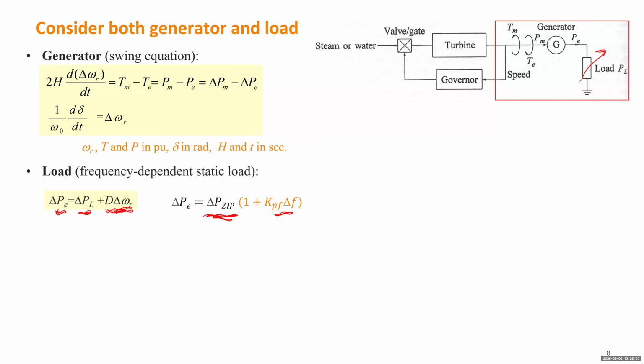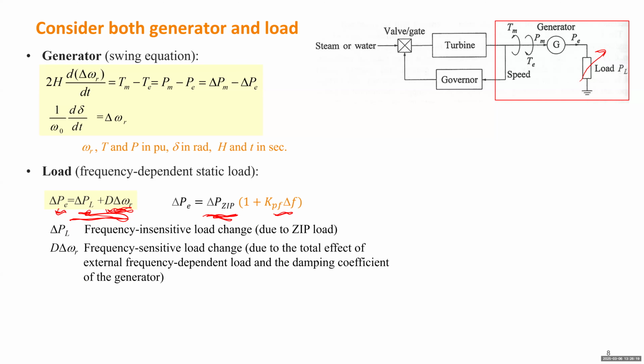Based on this frequency dependent load model, we have two items. The first item is frequency independent, or not sensitive to frequency. The second is sensitive to frequency. So where does the second item come from? It can be caused by any frequency dependent load, or it can be some damping effect of the generator.